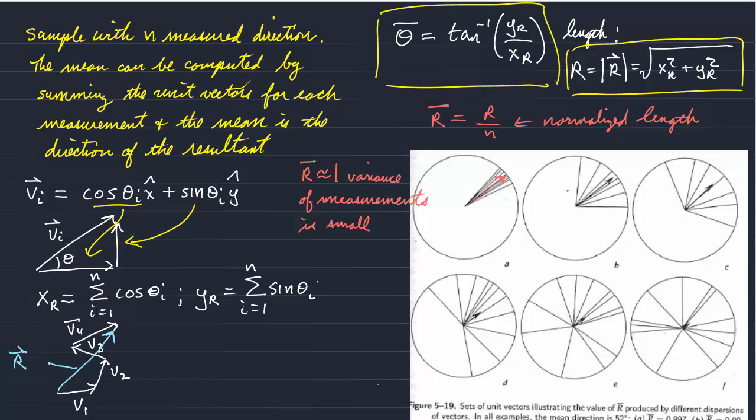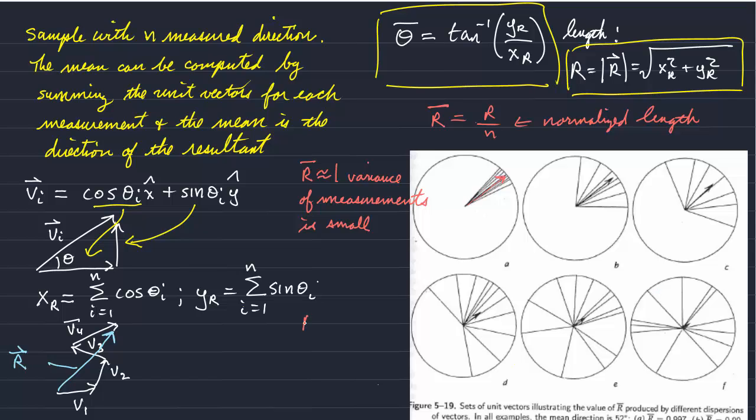Now, as you can see, as the variance of the measurement starts to increase, the length of the resultant vector starts to decrease. And the way Davis has shown this is the mean direction is always the same, but for increasing variance of the individual measurements, the resultant normalized vector decreases to 0, well, close to 0.